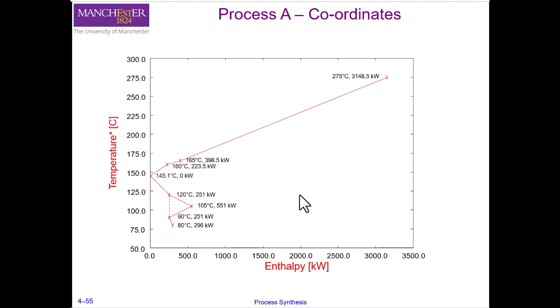So we have cold streams going from 145.1 degrees to 160, and then 160 degrees to 165 degrees, and then finally we have a third cold stream going from 165 to 275 degrees centigrade. Below the process pinch, we have our hot streams going from 145.1 to 120 degrees centigrade. Then we have our other hot stream going from 90 to 80 degrees centigrade.